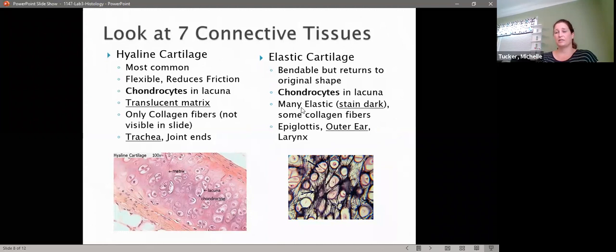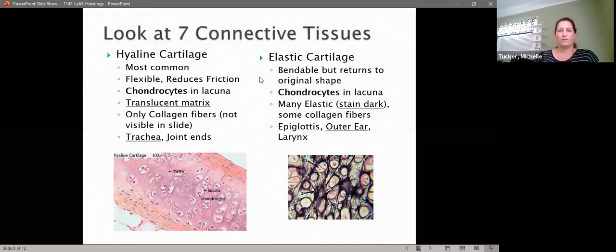Okay, so there has been loose and dense connective tissues, areolar, and adipose and bone. So we've got loose areolar and dense, and then we've got adipose tissue and bone. And now our last three are cartilage tissues.